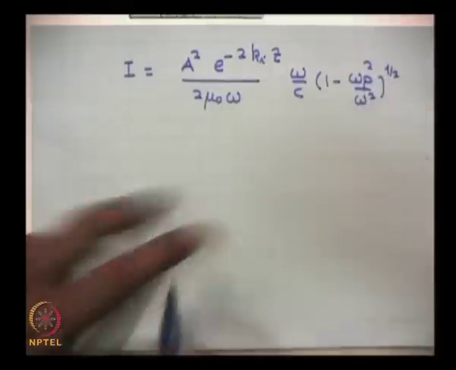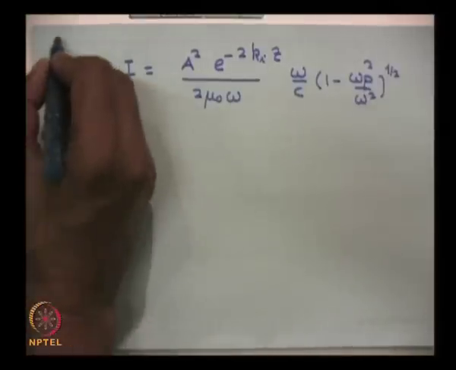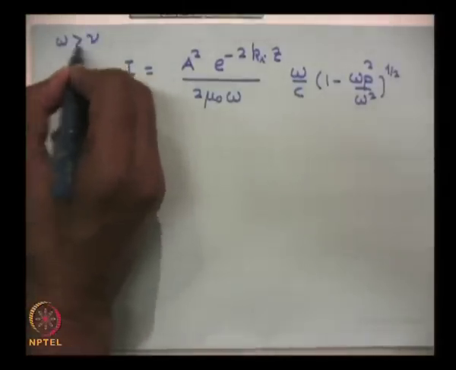This is a typical expression in a weakly collisional plasma, where I have assumed omega bigger than nu.